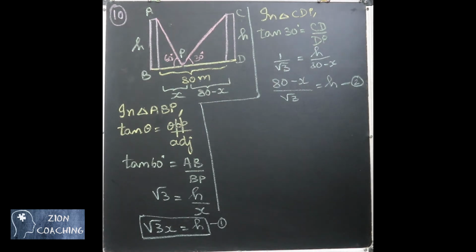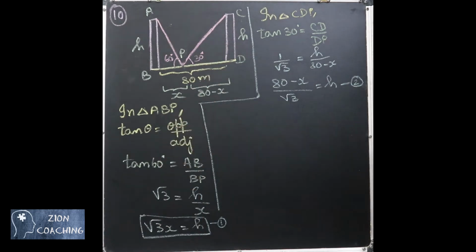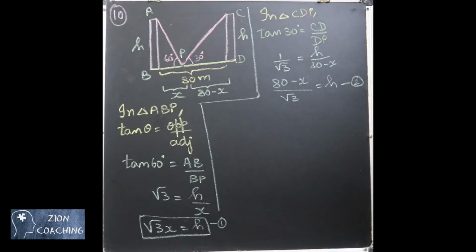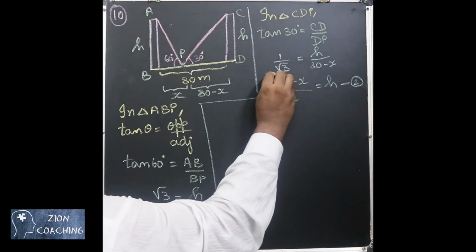Now we have found the height of this pole and this pole. In the question they have given that the heights of the poles are equal, so the answers of the first one and the second one will be equal.